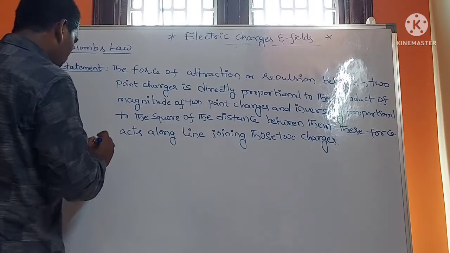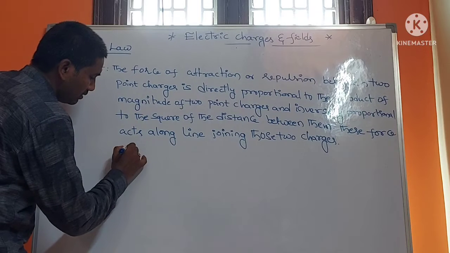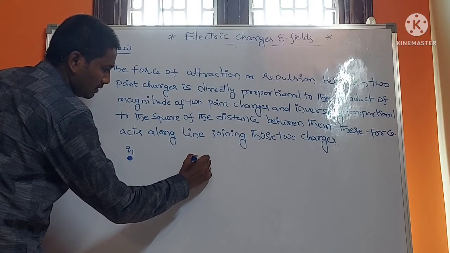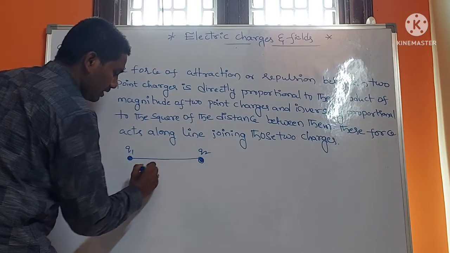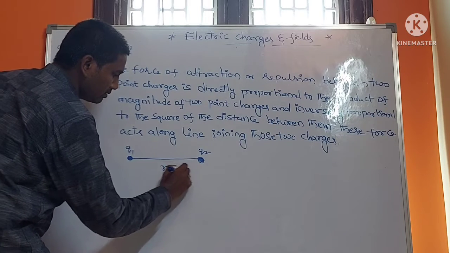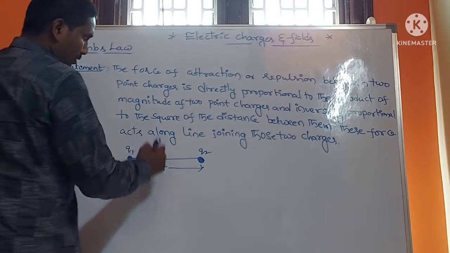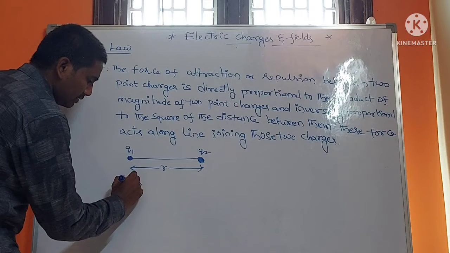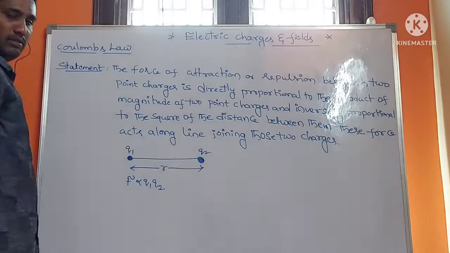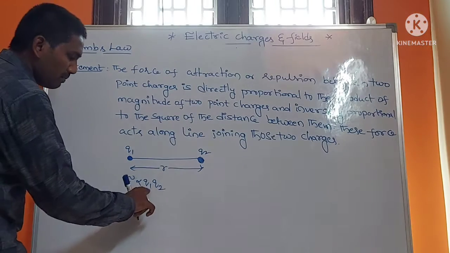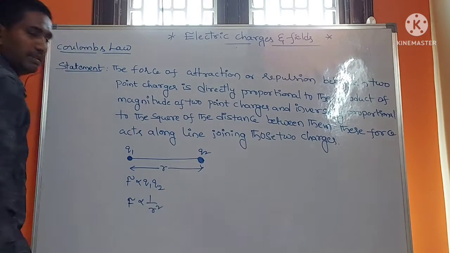For example, take two point charges, Q1 and Q2. These two charges are separated by a small distance R. According to the statement, the force is directly proportional to the product of the magnitudes of the two charges and inversely proportional to the square of the distance between them.